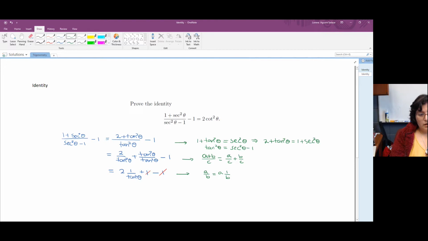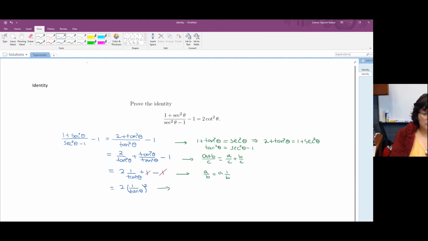When we write 1 over tangent squared, we can think about that fraction as 1 squared over tangent squared. It's good to think about the fraction that way, because then we get to see 1 over tangent of theta more clearly, all that squared.